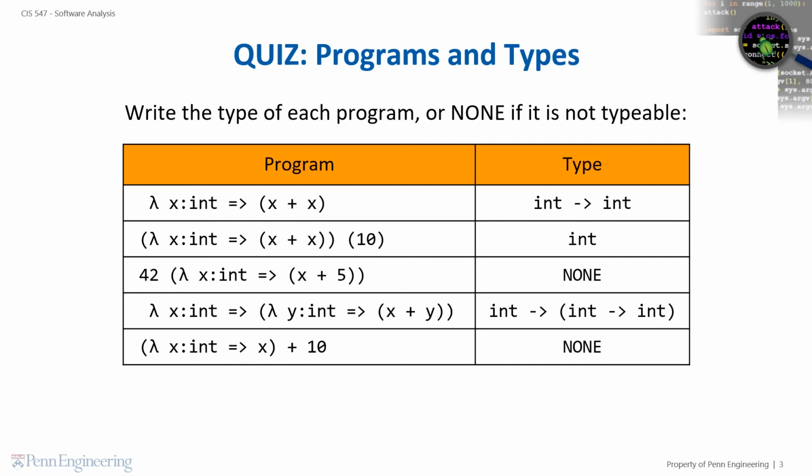Putting parentheses around the first two ints would be the type of a function which takes a function from int to int and returns an int. The last program is not typeable as it violates the requirement of the plus operation, namely that both its operands be integers, whereas here one of the operands is a function.